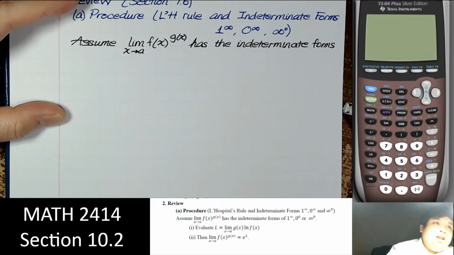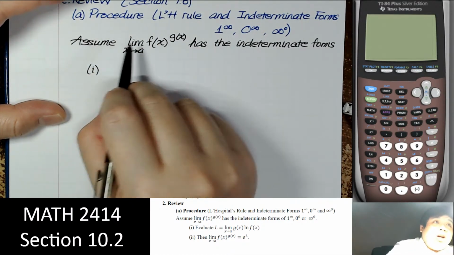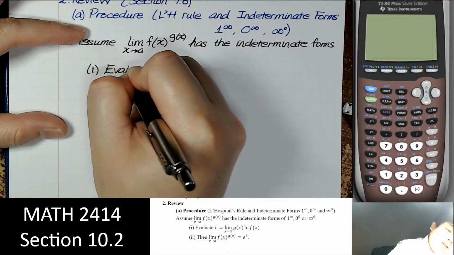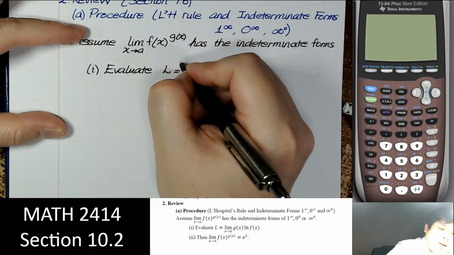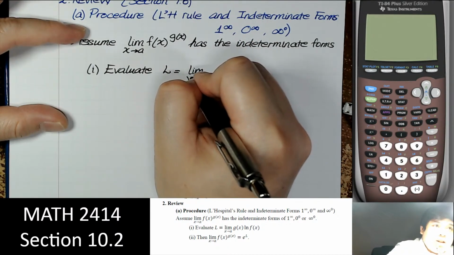What we do is first we let y equal to it, and we'll evaluate, pretty much will check ln on both sides.